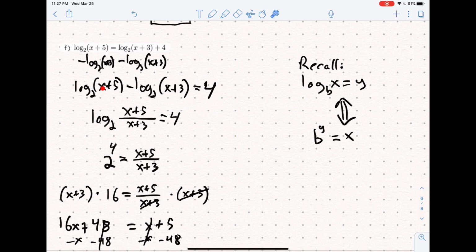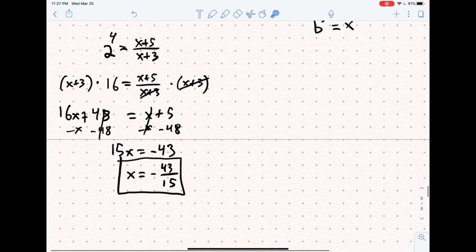If we put a negative 2 point something in here, we're going to add 5. That will make this positive. If we put a negative 2 point something in here, we're going to add 3. That will make this positive in here too. So we're not going to be given any trouble when we plug into this log. I encourage you to actually plug in and check on your own, and you'll see that that thing works out. Okay. That is the answer for part F.